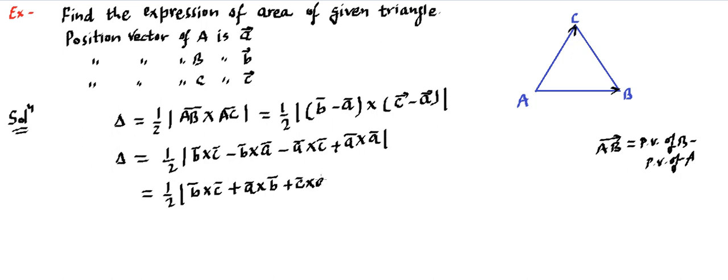We are using the property of cross product that exchanging the position brings a minus sign. Now A cross A, this is a cross product of a vector by itself, so that becomes null vector.